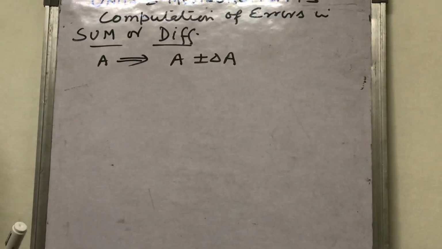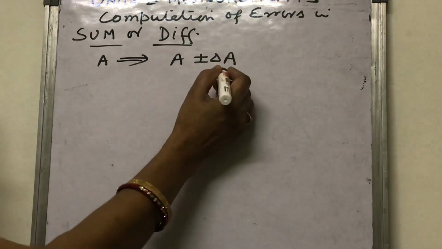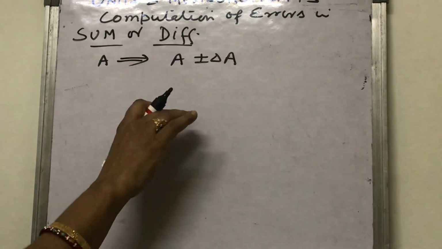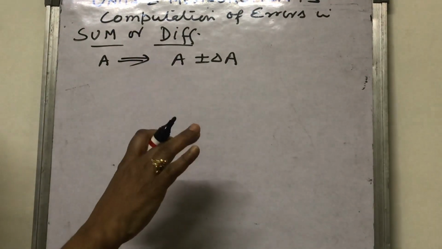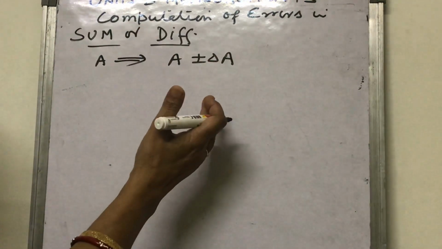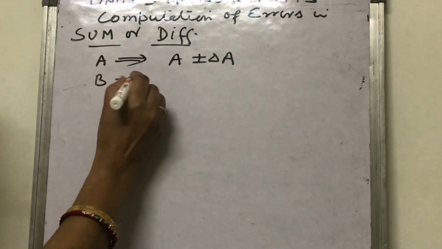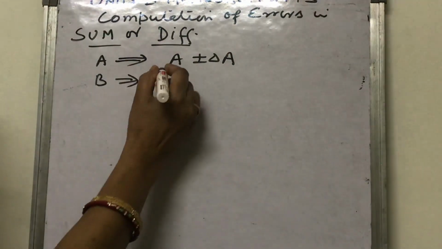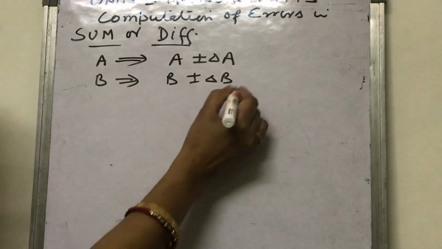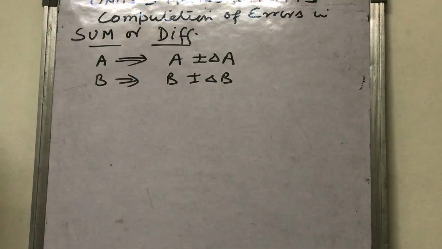You can measure only up to one place of decimal by the scale, and here you say it is 1.62 or 1.61 meter maybe. So this is the least count error, written as plus minus. Similarly, another quantity B is measured, and it is written as B plus minus delta B. This is the error. And absolute error is always positive, you should know it.